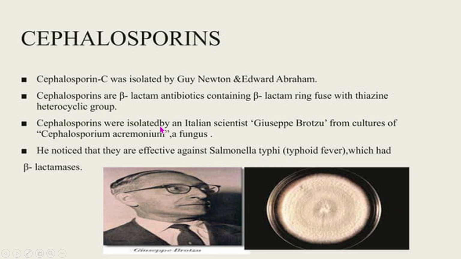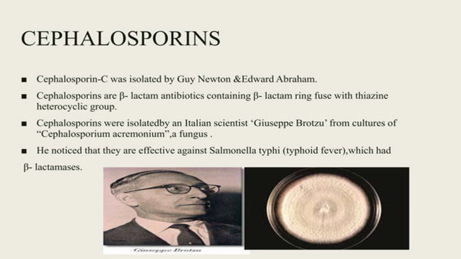Similarly, cephalosporins were isolated by an Italian scientist, Brotzu, from the cultures of Cephalosporium acremonium. This is also a fungal derivative like penicillin. Penicillin is extracted from the fungus mold Penicillium notatum. Cephalosporin is also isolated from the fungus mold Cephalosporium acremonium.